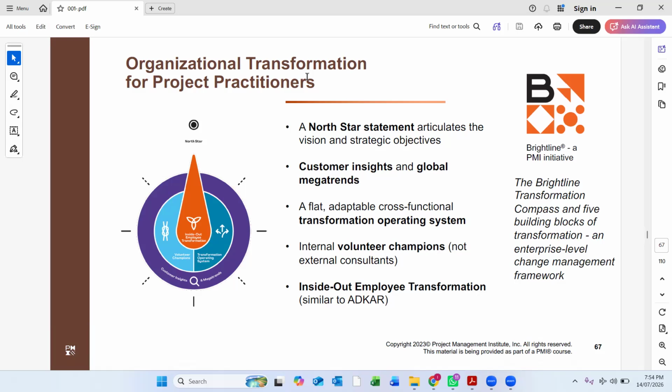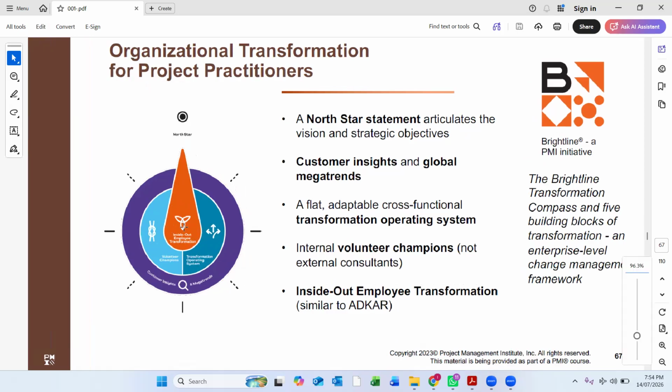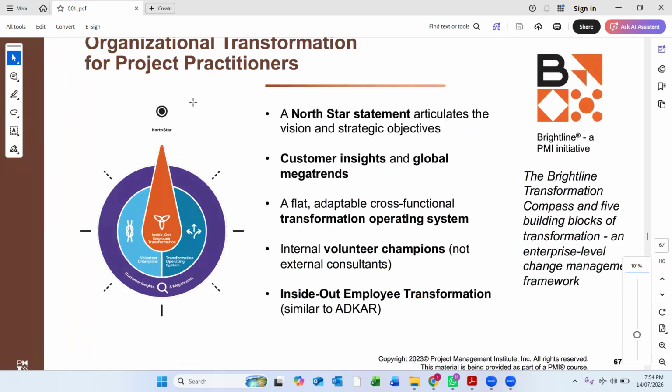So here, this is one of the diagrams which shows it. Let me maximize it. This is the North Star. Here the North Star articulates the vision and strategic objectives. So this North Star will articulate what is our vision and what are our strategic objectives. Now here you can see customer insights in this round wheel.